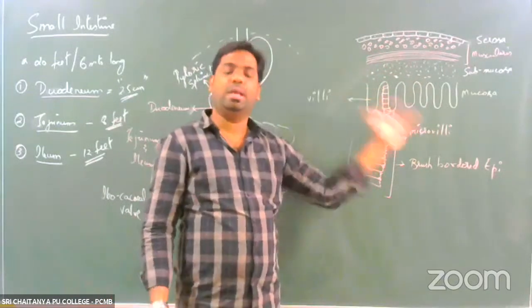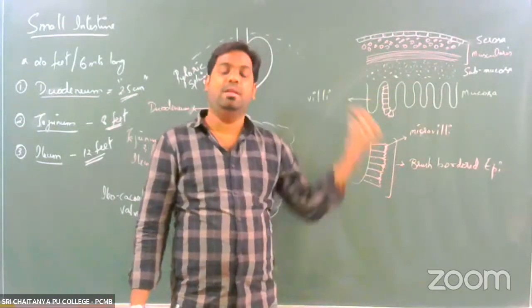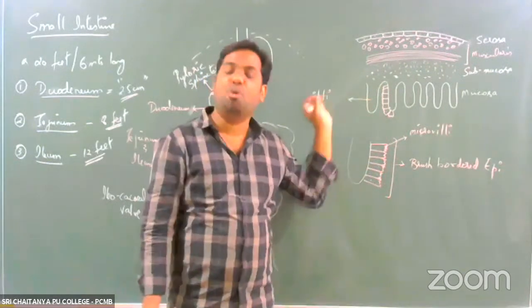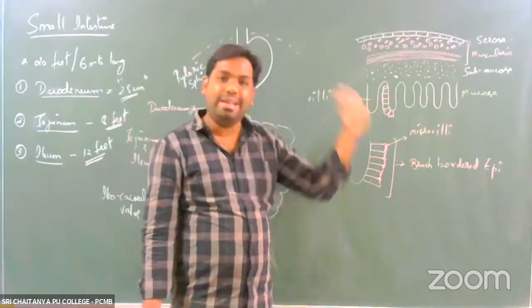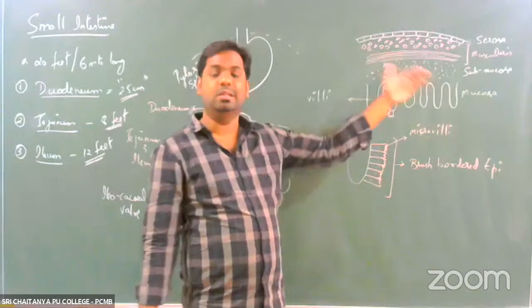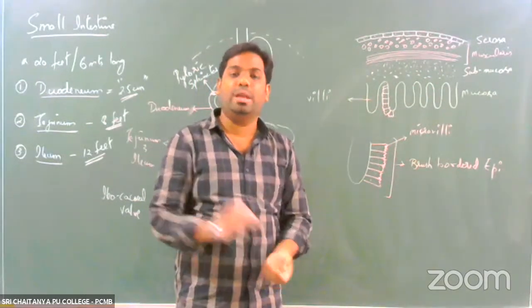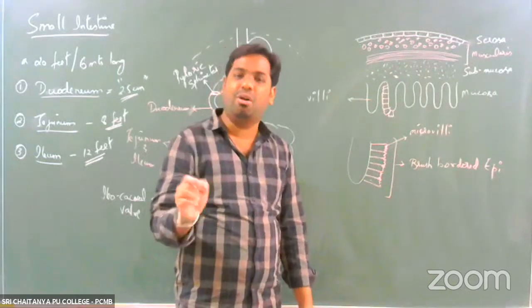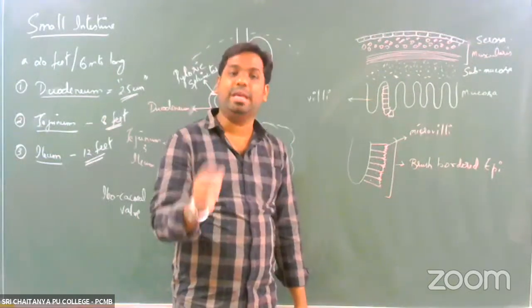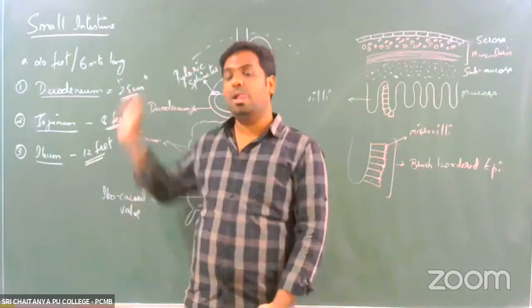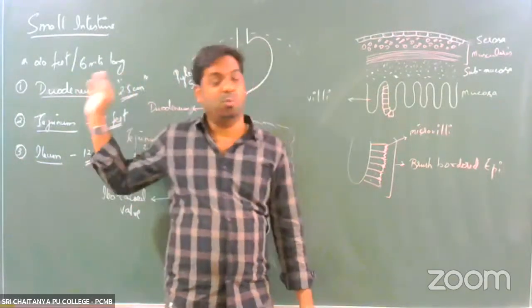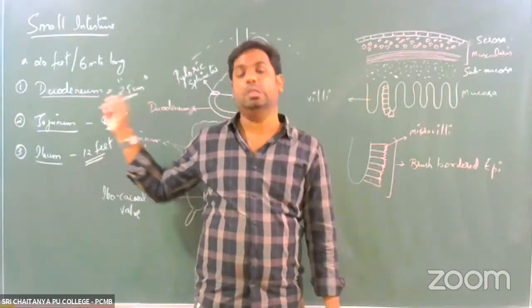Now, how many villi would be present in the small intestine? There are almost millions of villi lining the internal walls, or the internal mucosa, of the small intestine. Now, we know the function of villi. Villi are majorly responsible for increasing the surface area for absorption. As I've already mentioned, all of the digested food gets absorbed here in the small intestine.